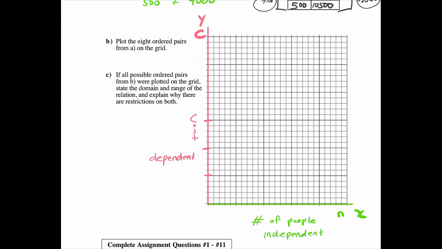There's 1, 2, 3, 4, 5, 6, and along the x-axis there's 1, 2, 3, 4, 5. We're going to be starting off at 0 and 0, and we need to get at least to 10,000 on the y and to 500 on the x.